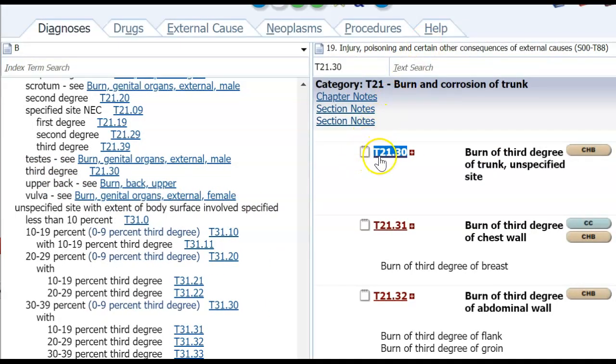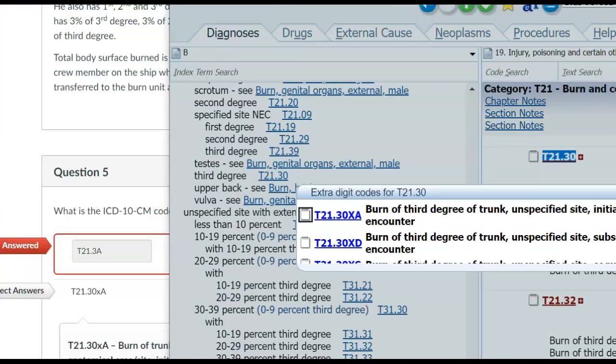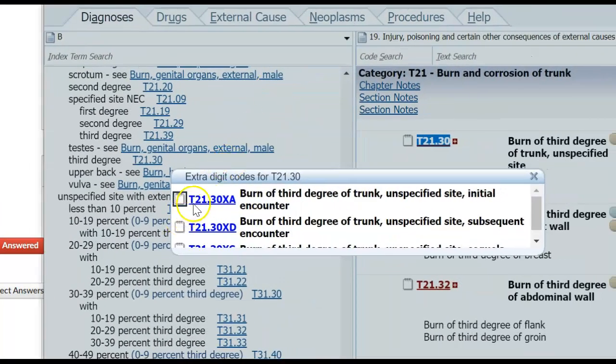So here I have T21.30. Right, so when I click on that, we know it's initial. So it's going to give me the T21.30XA. So hopefully that helps with that one.